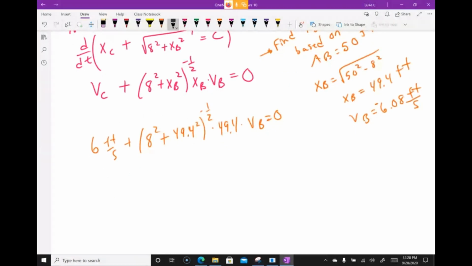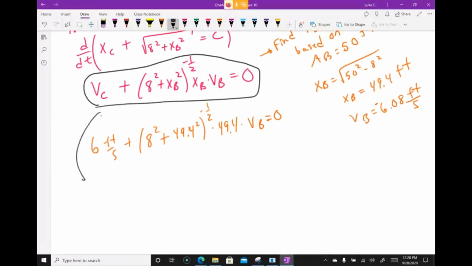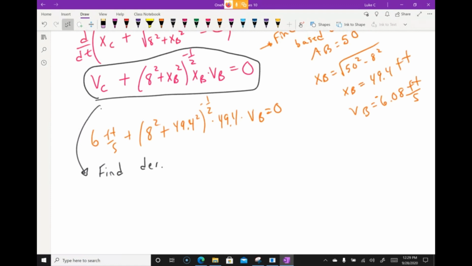Okay, now let's take this box equation, and how would you find AC, or find the derivative again? That's going to relate accelerations, right? So the first term is easy.